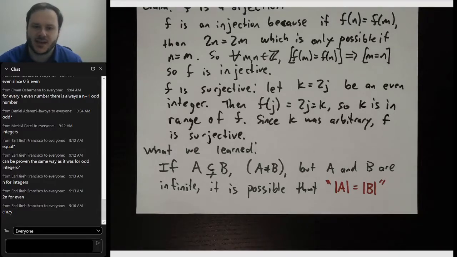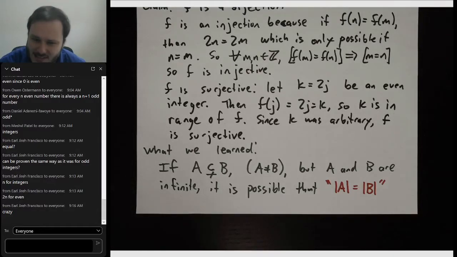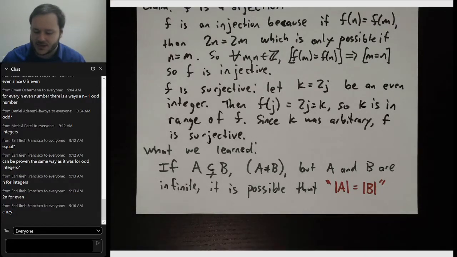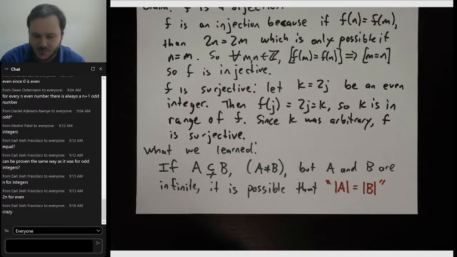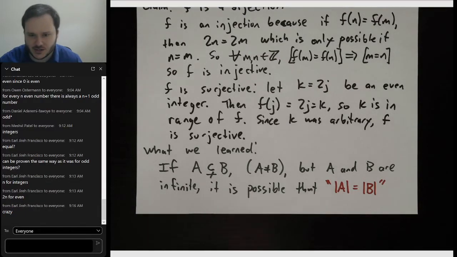But that's different than defining a size. And now we're seeing why. Sizes and infinite sets just don't really go well together. They don't line up in the way we want, because you can have a strict subset, but you can still have this bijection.